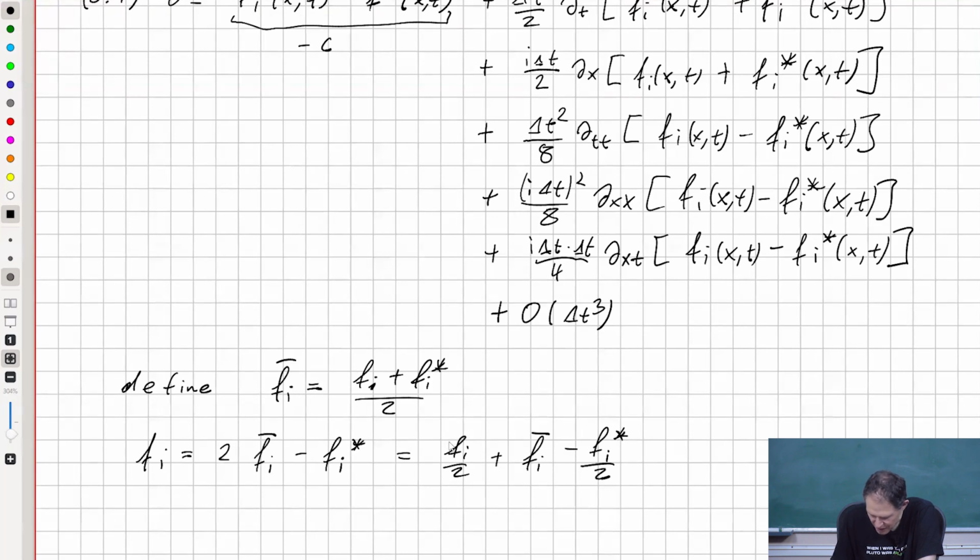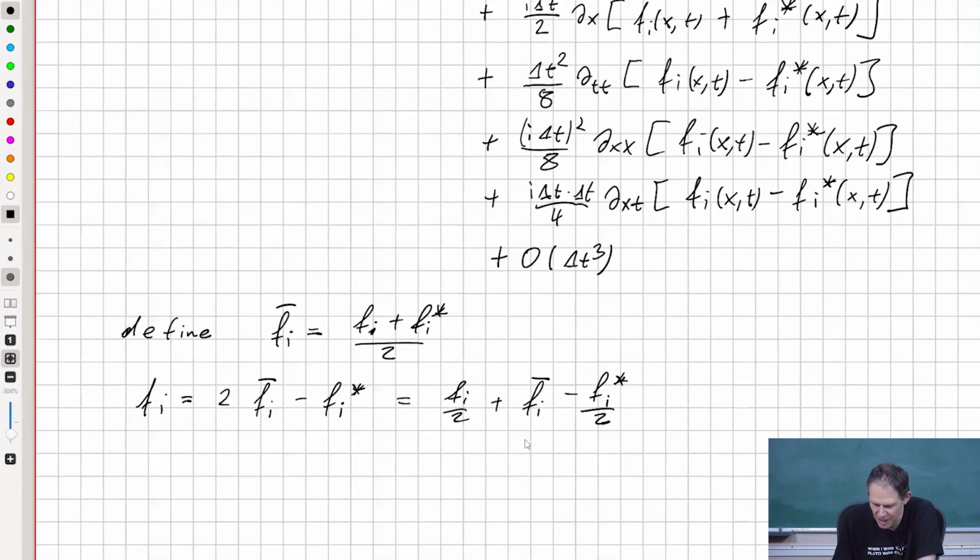Sometimes we'll find this useful because we often have f minus f star. So now we also have f minus f star, and this can be plugged into some places here.